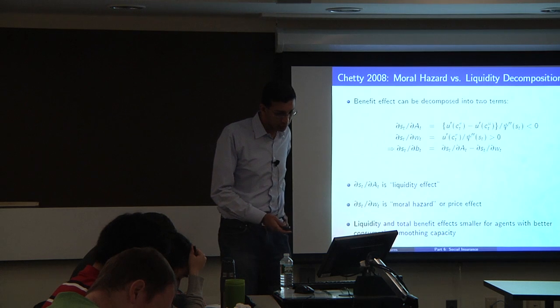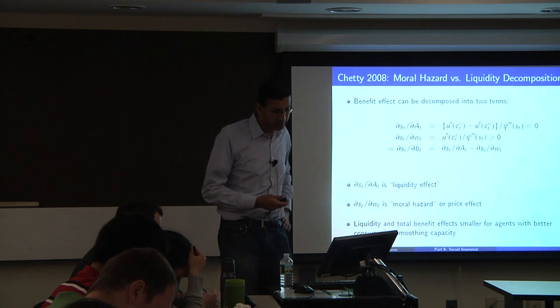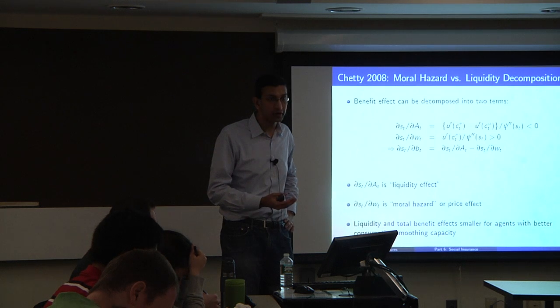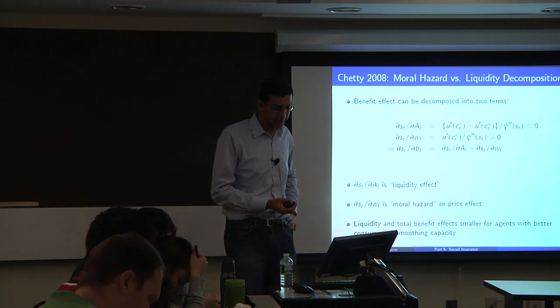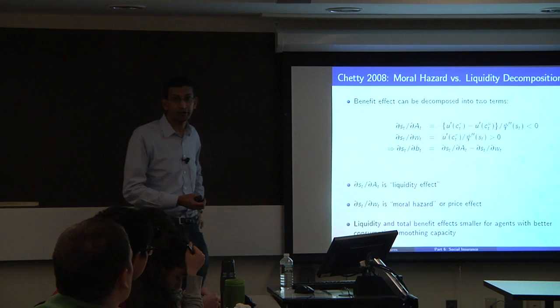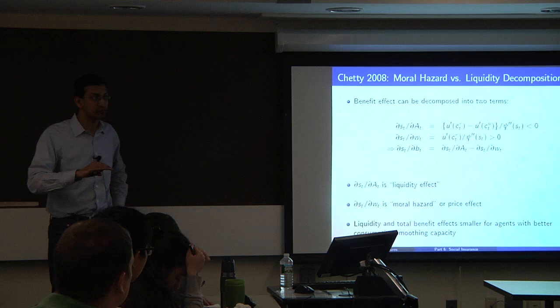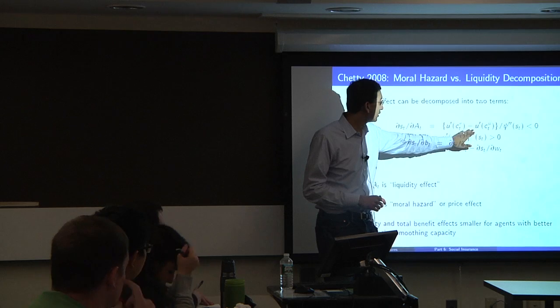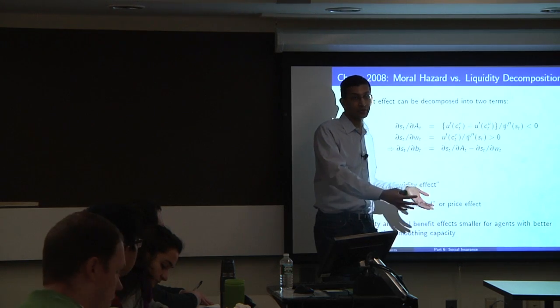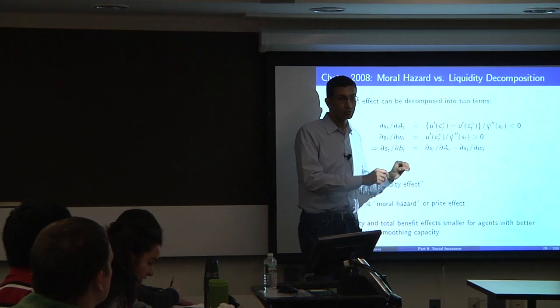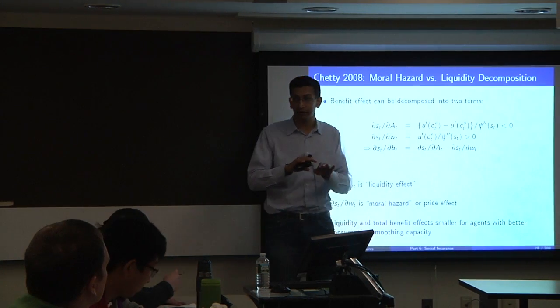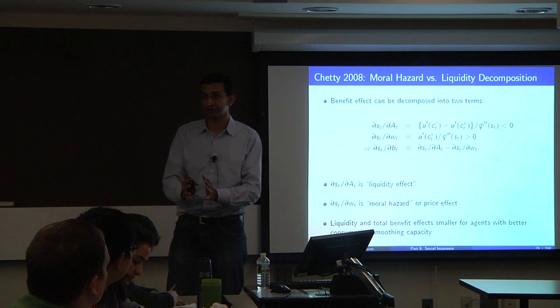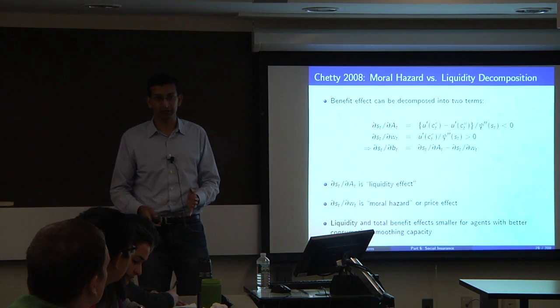So one of the key ideas here is that liquidity and total benefit effects are going to be smaller for agents who can smooth consumption better. And you can see that algebraically here, that if I'm a person who has a lot of private insurance, then U prime of CE and U prime of CU are going to be really close, and the liquidity effect is going to be small, and the benefit effect is going to be really small.